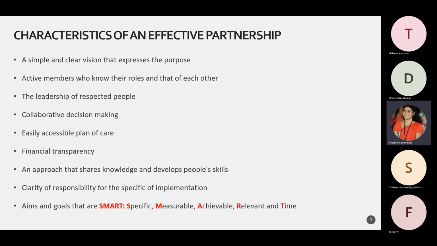I already explained that partnership means both parties are involved in one work. Each and everyone should be involved. There are no power differences also. It's not that I am high power and I can't do those things, I am only ordering. So there is no imbalance of power.